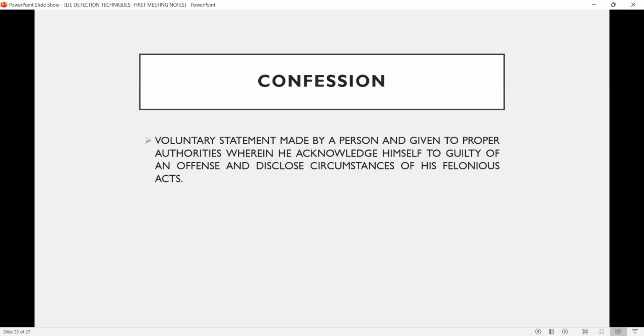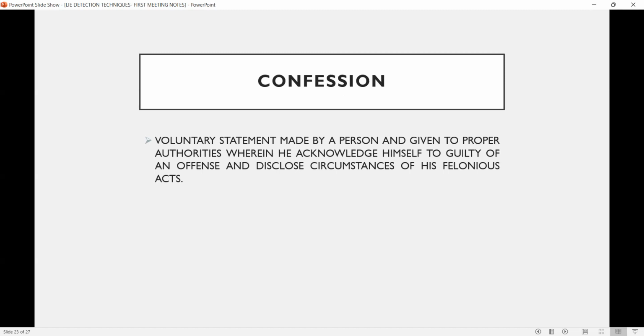And just like admission, there are two kinds: extrajudicial confession and judicial confession. Extrajudicial meaning they confess, the accused outside court, maybe sa police station or sa iyang balay, i-aresto siya dito. Or judicial confession, meaning confession inside court during trial. So in extrajudicial confession, niangkon si suspect, or respondent, nga siya mismo ang nag-commit sa crime.